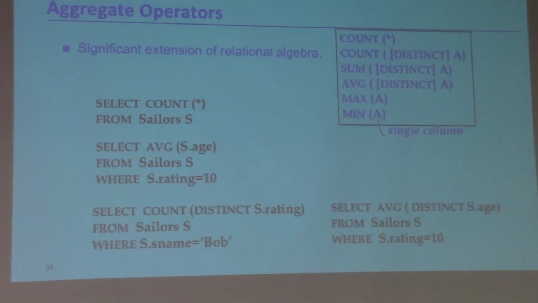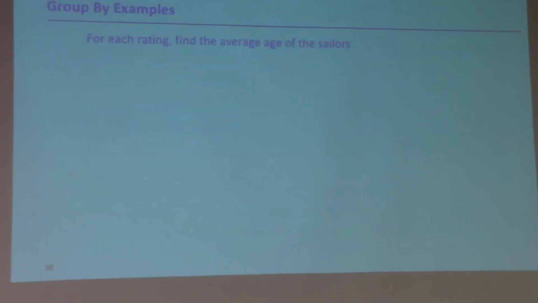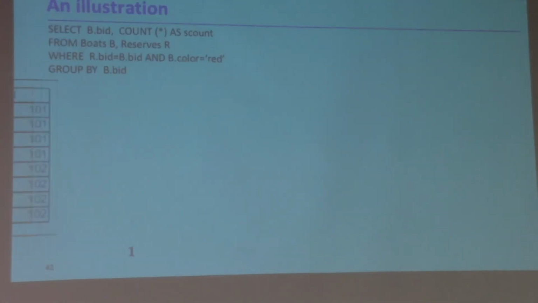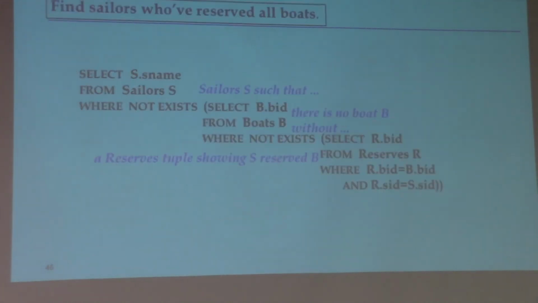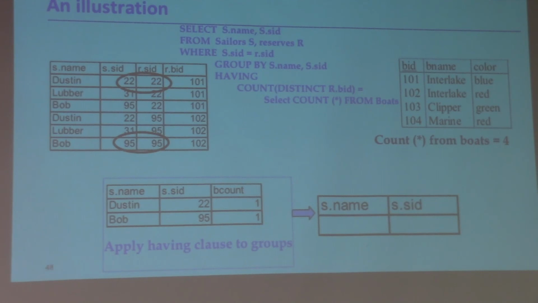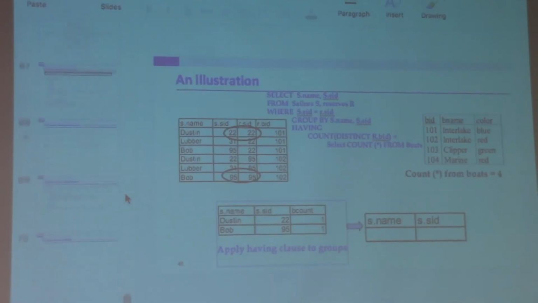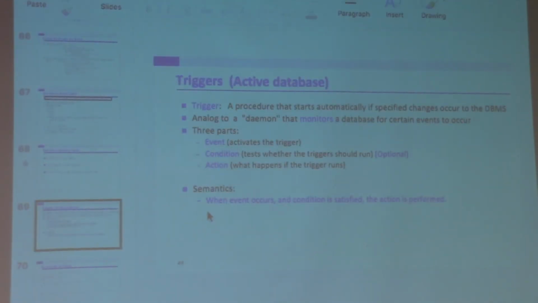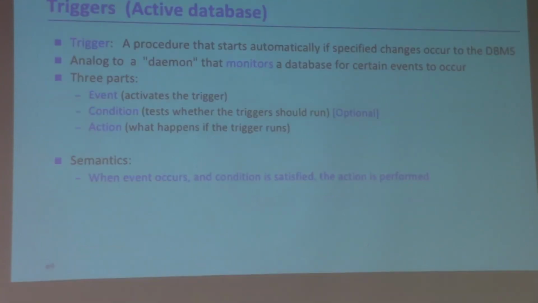So we have your aggregate operators. Because I told you about the trigger part, I'll tell you about that in a moment. Let me go to the last slide: triggers. A trigger is a daemon attached to the database such that when an event occurs, it executes that part.